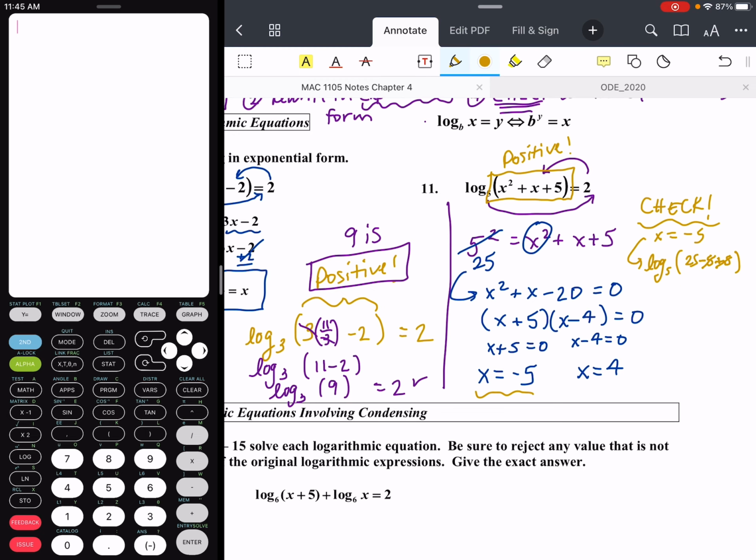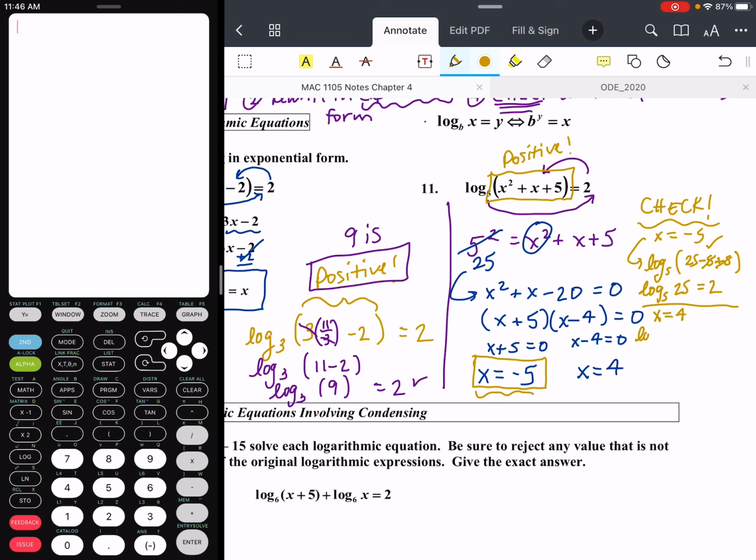That's a positive. And by the way, log base 5 of 25 is equal to 2, so that's great. But all that I need to check is that I'm taking the log of a positive number, and I am. All right, let me also check my solution 4 here.